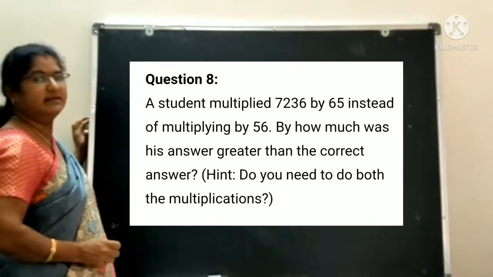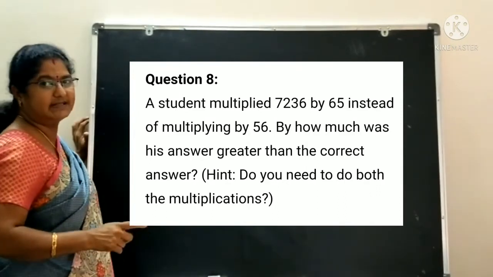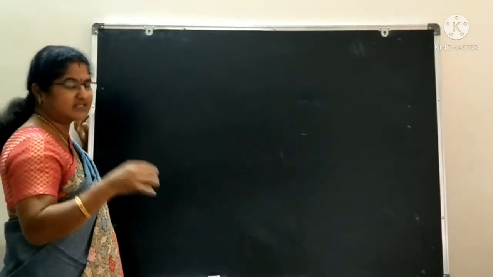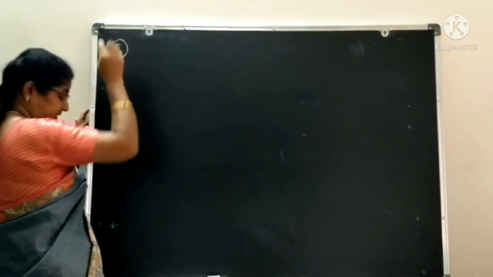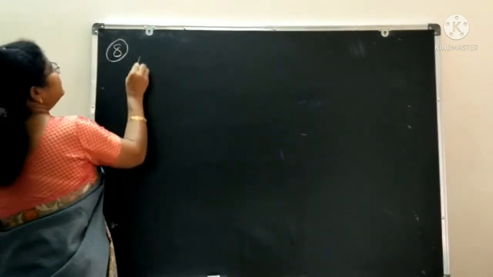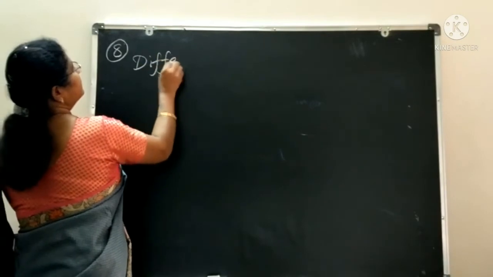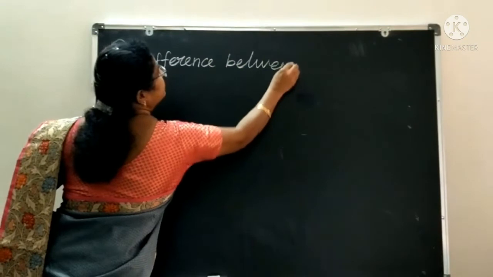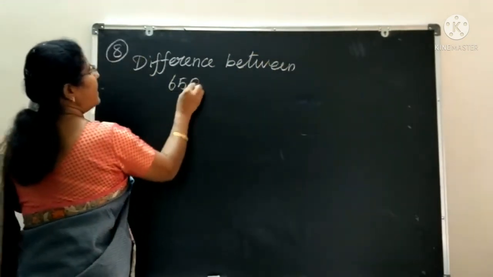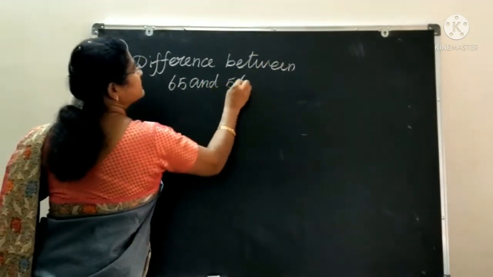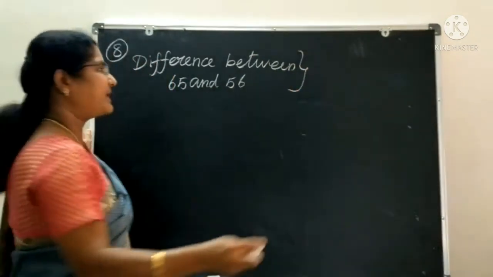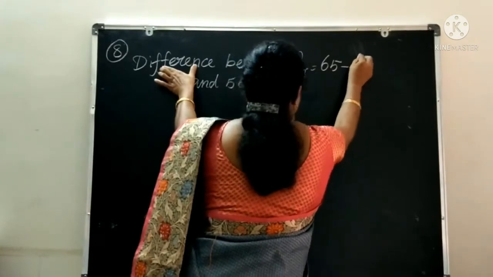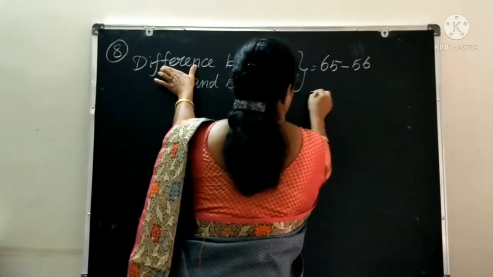Let's do it. The number 7,236 is multiplied by 65 and 56. So first we find the difference in the question. Subtract these two numbers. Difference between 65 and 56 means subtract: 65 minus 56 is equal to 9.